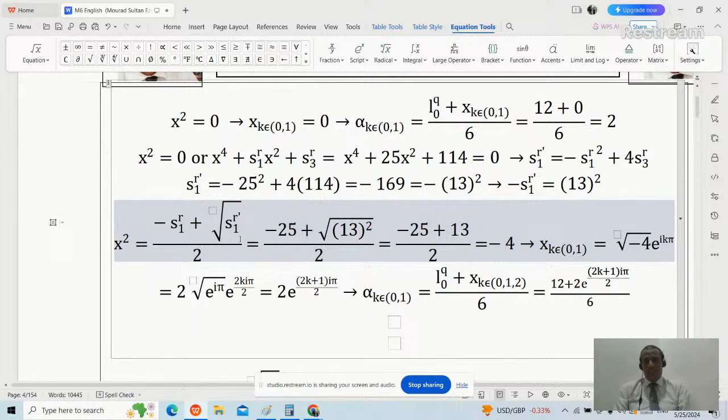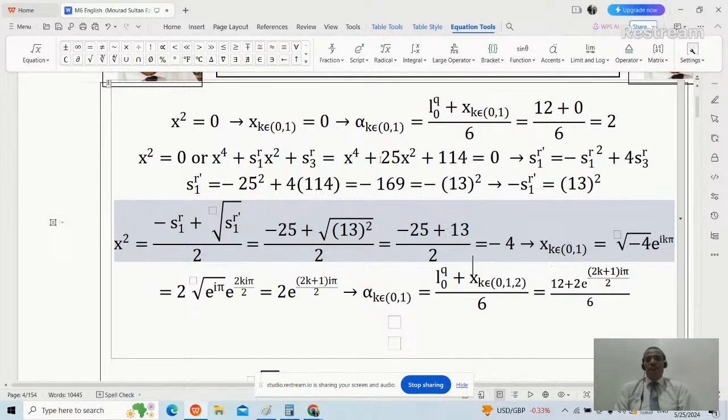So we just write x² is equal to negative s1 plus root of s1 of all the r dash, divided by 2 because we have two roots. x⁴ means you can make x² all raised to the power 2.